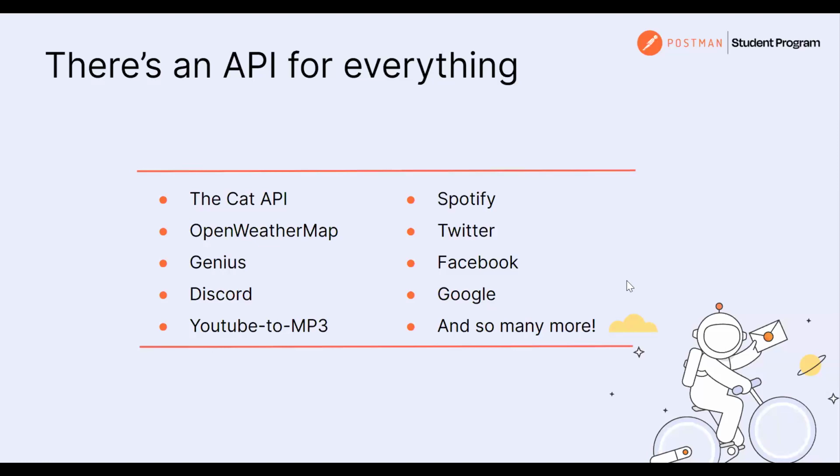We use those APIs for different purposes. There are so many other APIs, like YouTube to MP3 and AI summarizer apps, etc. Postman also has a project on that. We will be discussing it in our session later on.